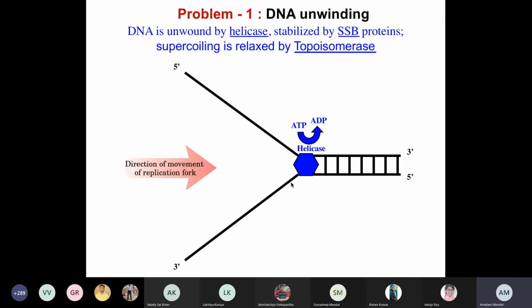Okay, now why is it called helicase? If anyone wants to answer. It destroys the helical structure of the DNA. Excellent. So it basically destroys the helical structure of the DNA, and that's why it's known as helicase, right? See, you don't have to memorize these names.